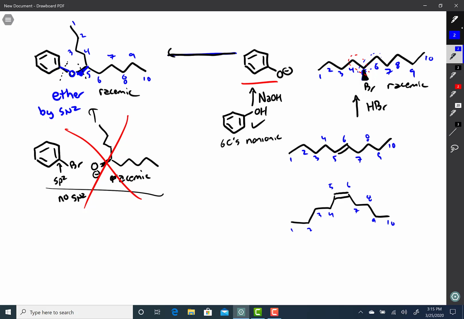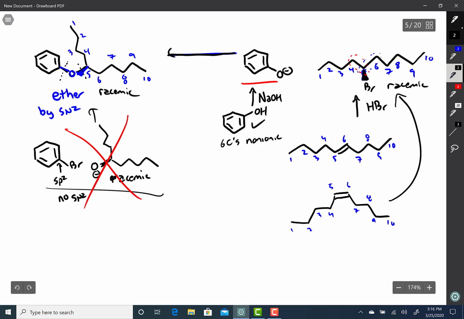It actually doesn't matter which one you add the HBr to. You can add the HBr to this alkene, you get this. You can add the HBr to the cis alkene. It doesn't matter which one you do it. So just pick one.